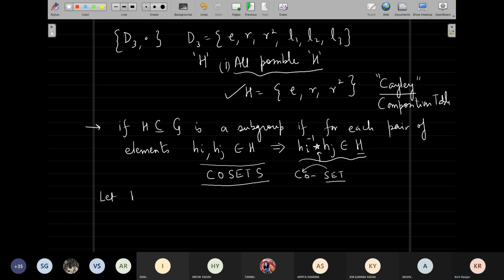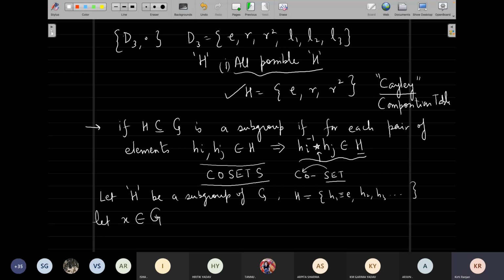Let H be a subgroup of G. That means H is going to have elements, let's say H1, which we may define as E, H2, H3, and so on. Let X be any element of group G. There is a possibility that this X is contained in H, or that X is not contained in H but is contained in G. There are two possibilities, right?